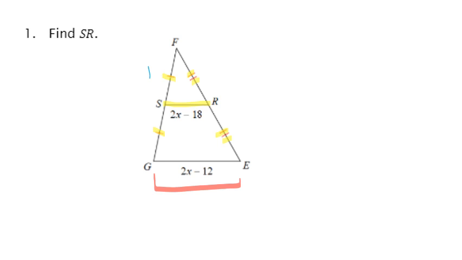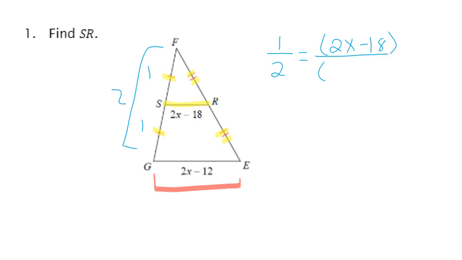Again, if I forget, I call these both 1 and this is 2, like using similar triangles to solve. So I know that 1/2 is going to be the same as 2x minus 18 over 2x minus 12, because SR is going to be half of GE. It's just using that relationship.